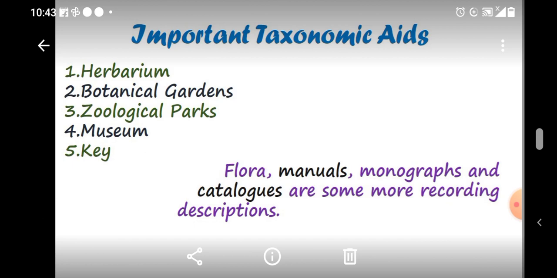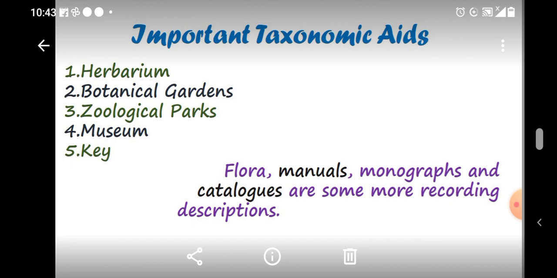Some of these are explained to help you understand the usage of these aids. You can list some of them like herbarium, botanical gardens, zoological parks, museum and key, or you may call it taxonomic key.